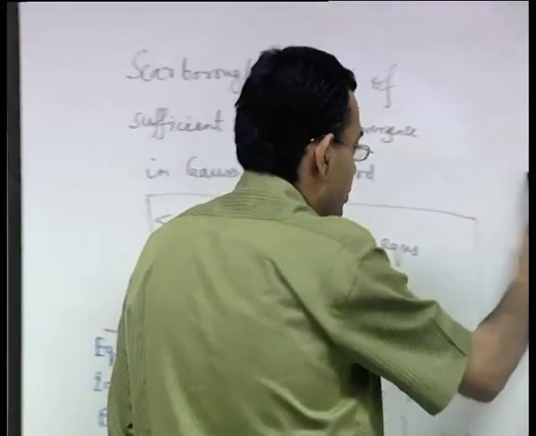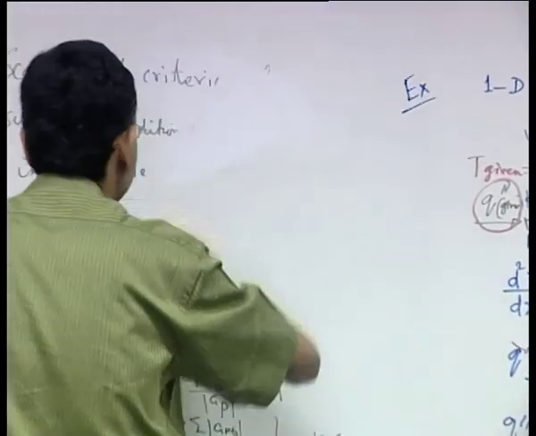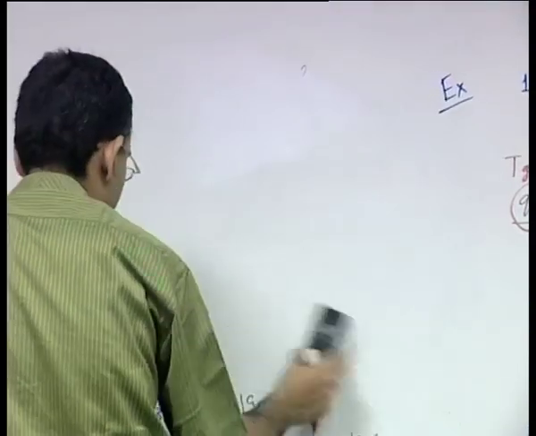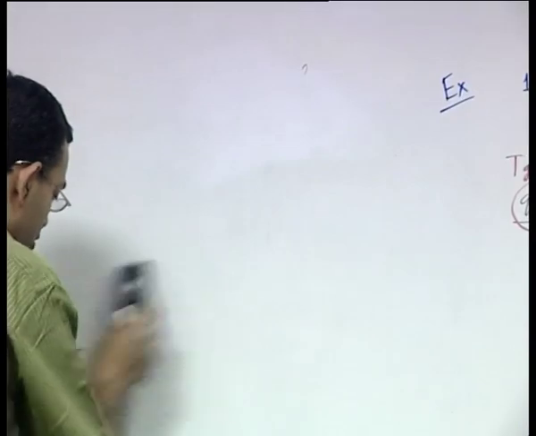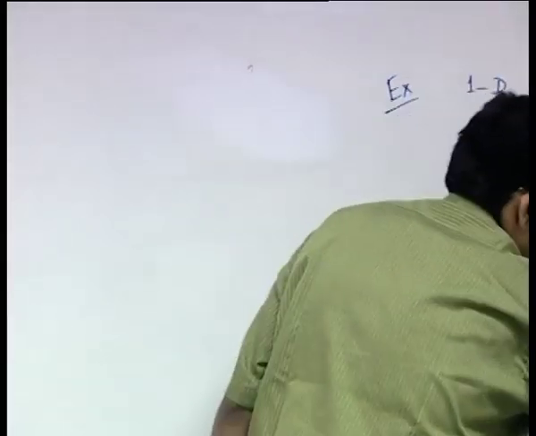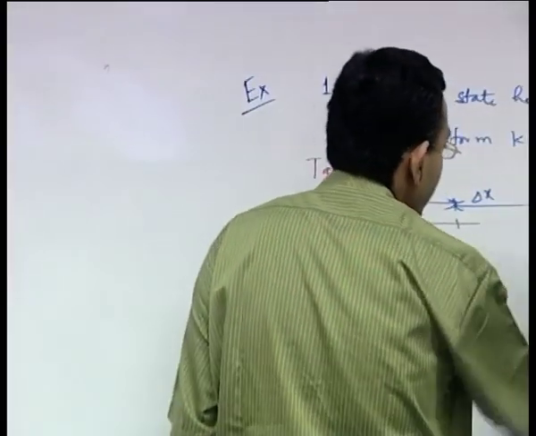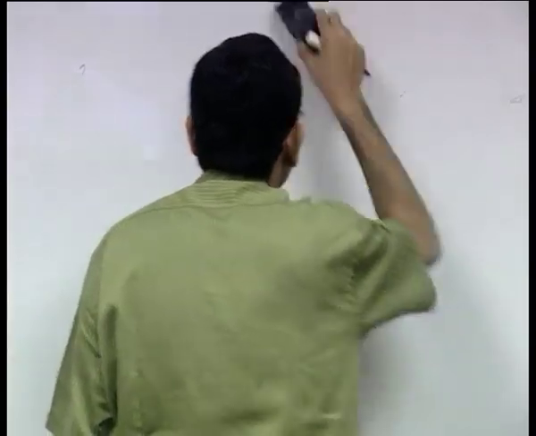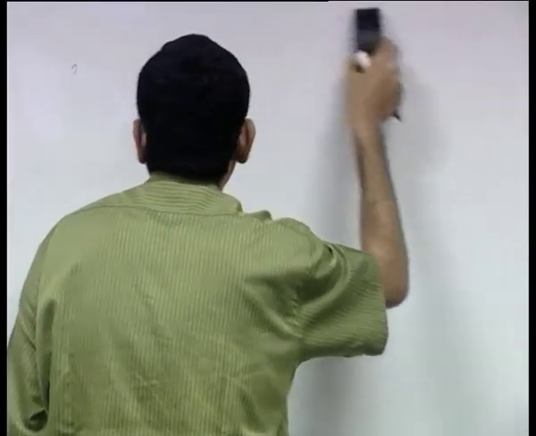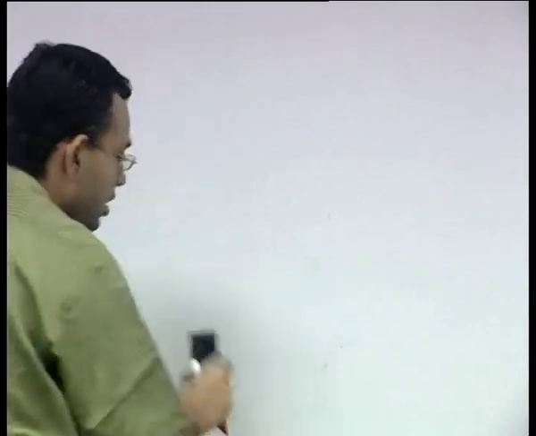Okay. So with this understanding, let us try to work out a couple of examples to illustrate what we have learned so far in terms of the sufficient conditions for convergence for the iterative methods.